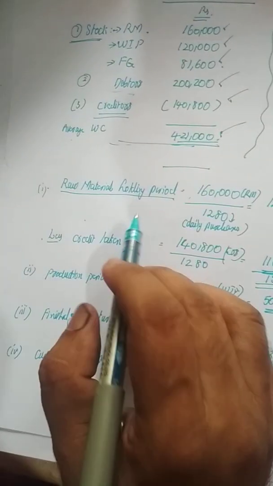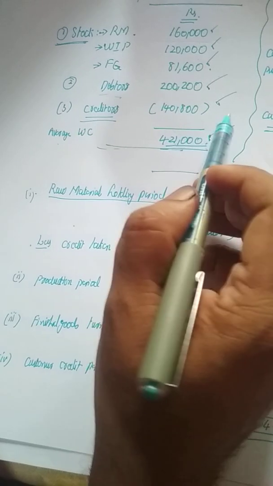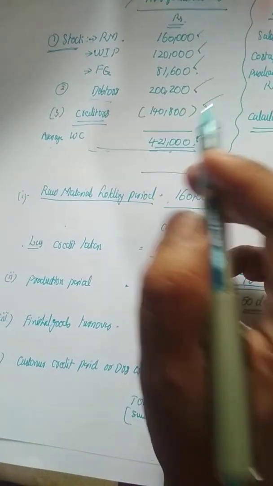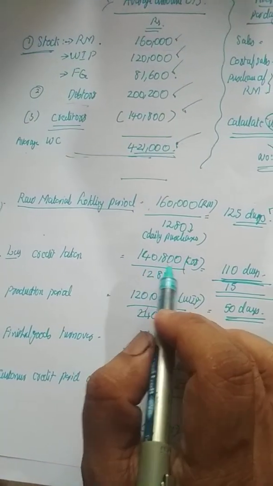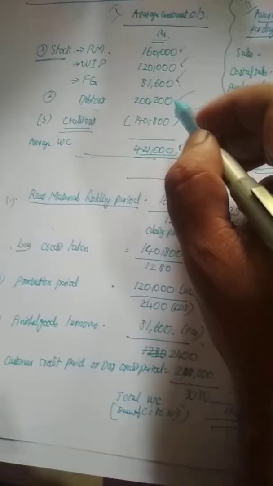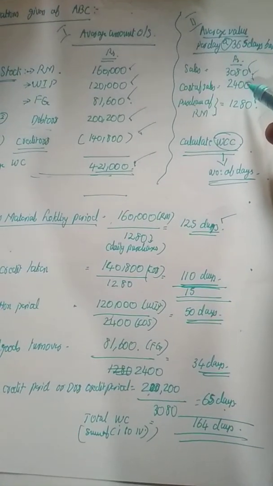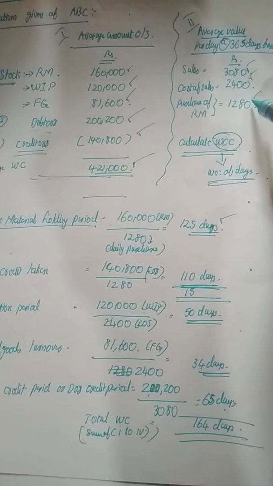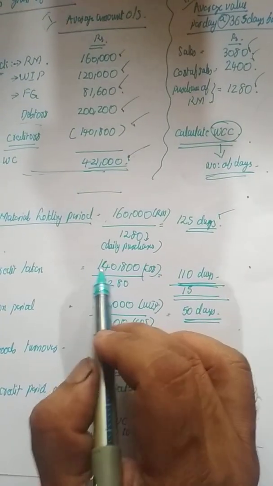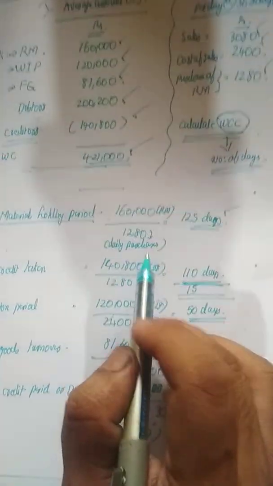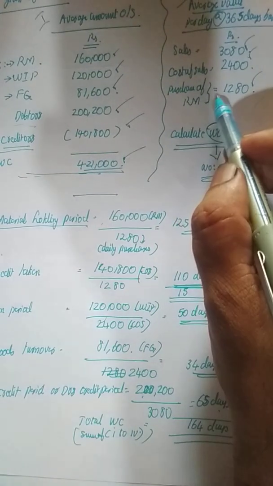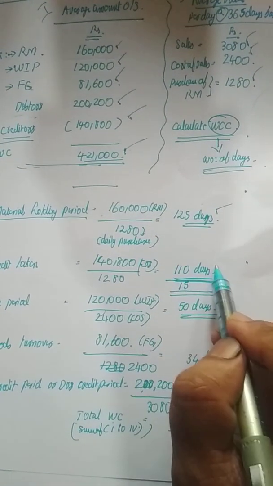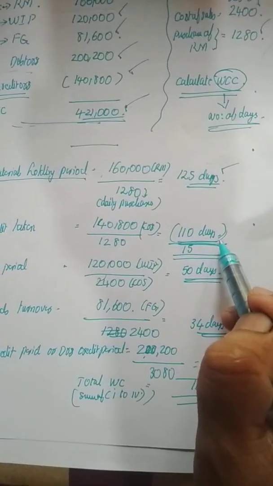Now, after the raw material holding period, you have to do one thing. Creditors is 1,40,800. 1,40,800 is the total creditors, and the raw material purchase cost is 1,280. So 1,40,800 creditors divided by purchase of raw materials, we get the creditors period, 110 days.